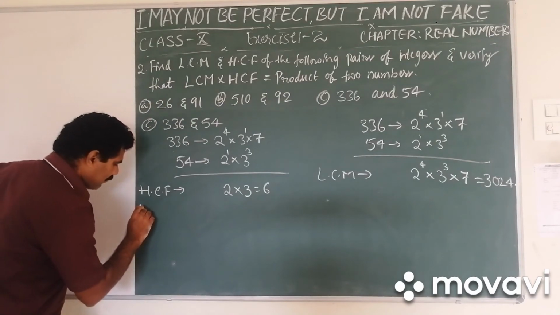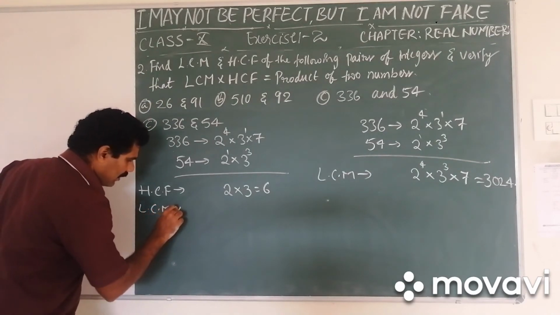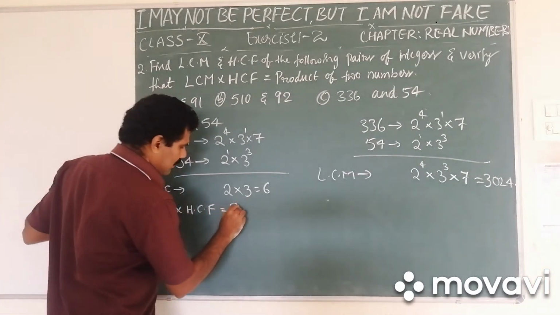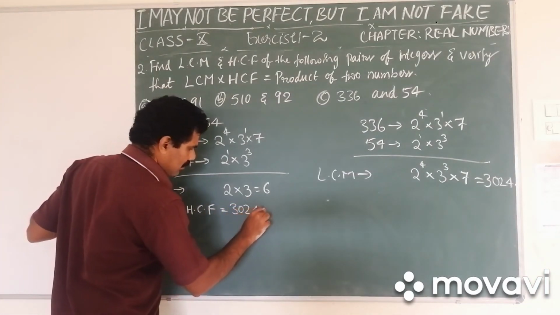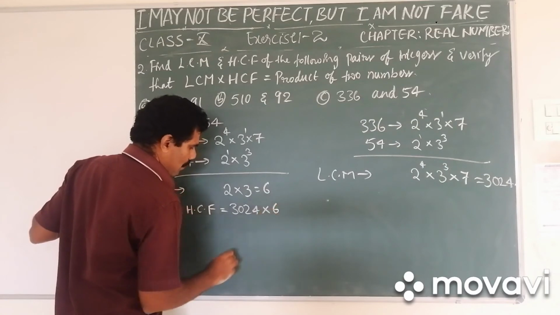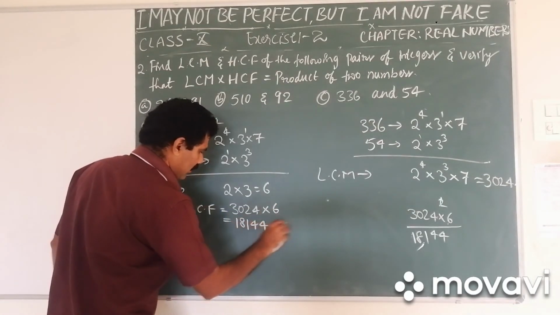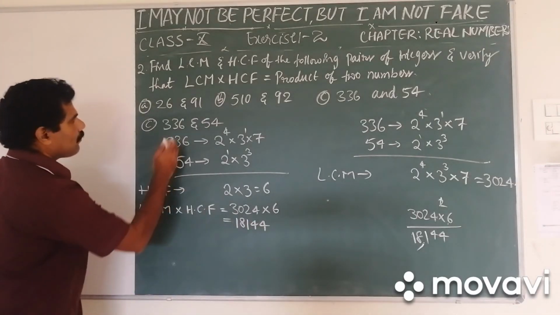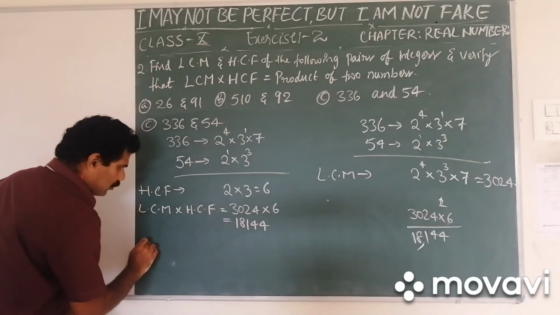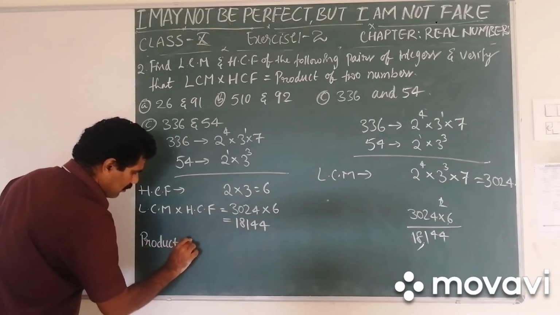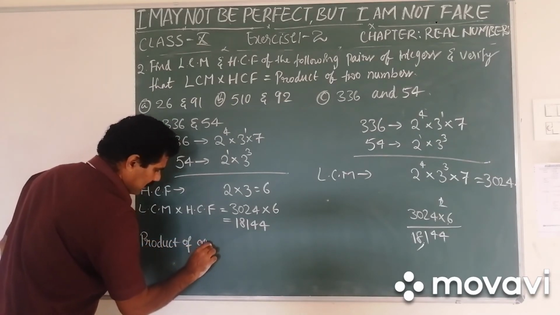That is LCM into HCF. So LCM is 3024 and HCF is 6. If you multiply, we get 18,144, and let us find the product of the two numbers. So product of the given numbers.